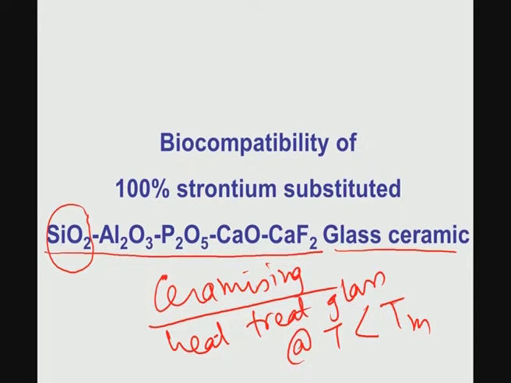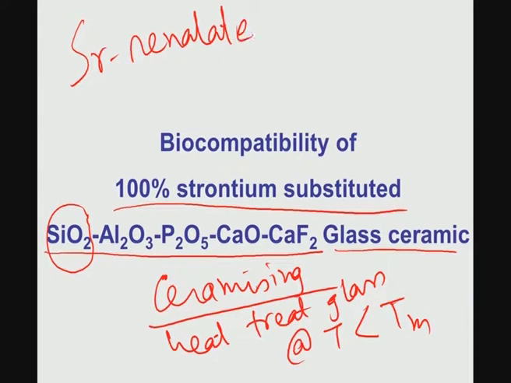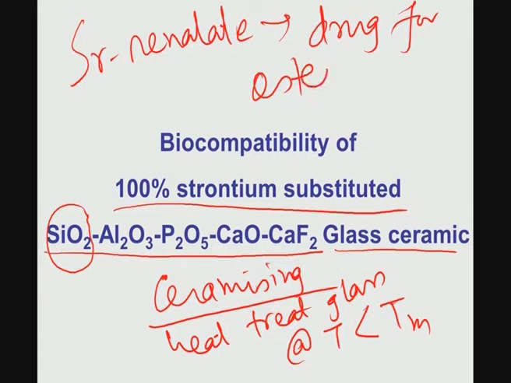Now, the question is why use strontium, and why 100% strontium substituted glass ceramics. In one of the earlier modules I mentioned that strontium ranelate is a commonly used drug for osteoporosis treatment.